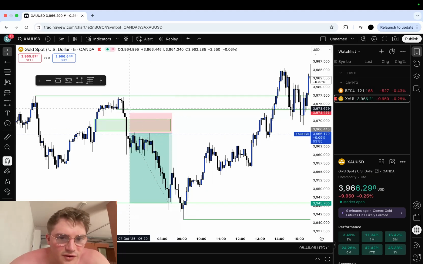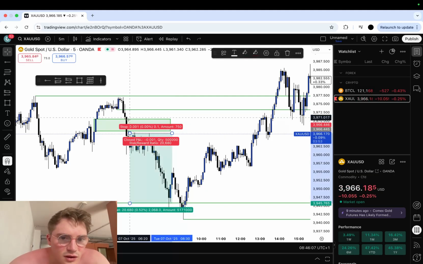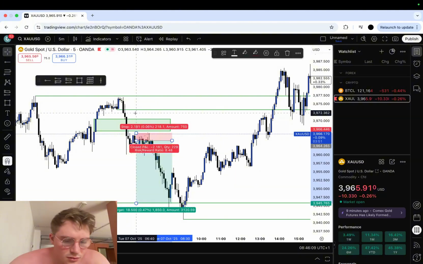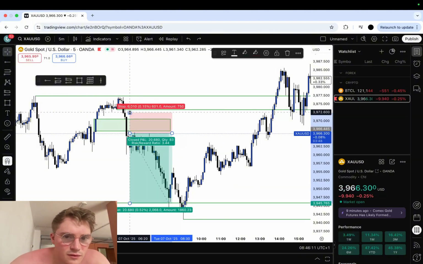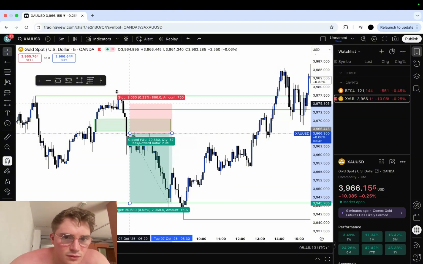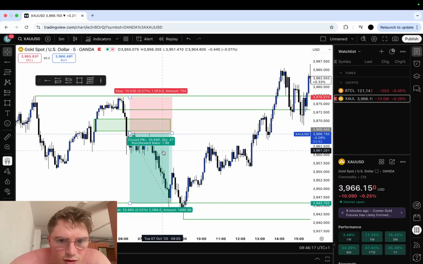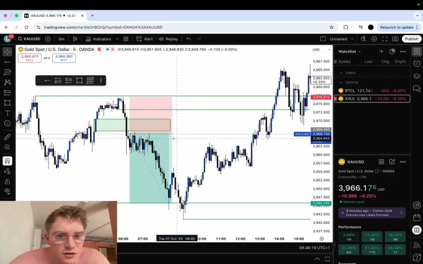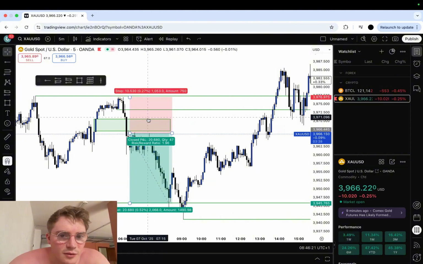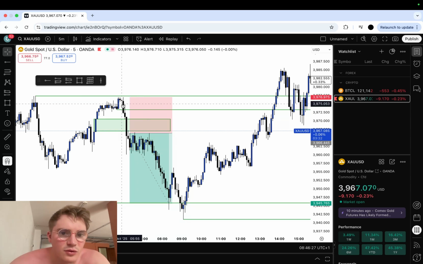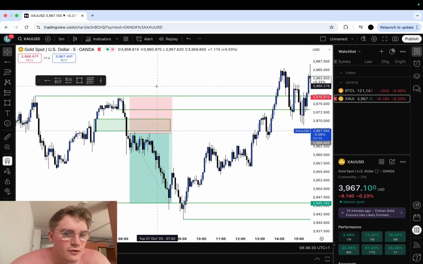Stop loss above previous highs, which in this trade's case would have been about here, which takes us up to 1.09.6, which gives it room to come up and down. The reason you always put a stop loss above highs is that if the price goes above those highs, that's breaking structure. That's moving in a different direction, your idea is invalidated, and you don't want to hold on to trades like that.